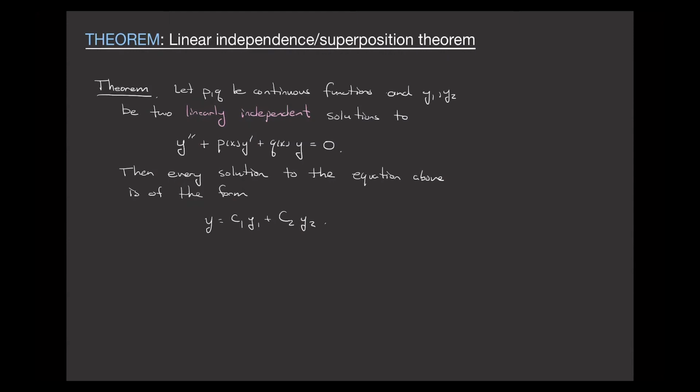So the theorem here says that if you have, again, the second order differential equation, it happens to be linear and what's called homogeneous. Homogeneous because this over here is 0. Let's give a reminder that this is second order. Highest derivative is 2. It's linear and it's homogeneous.